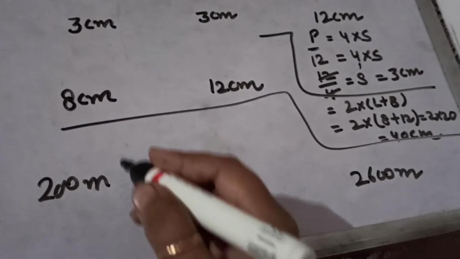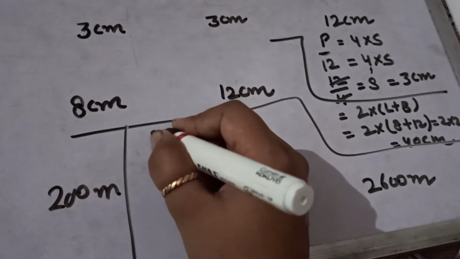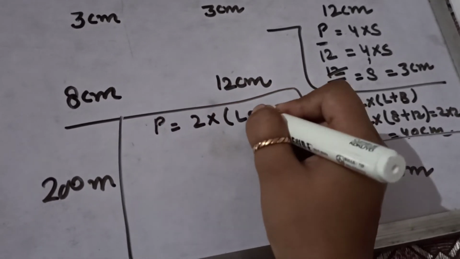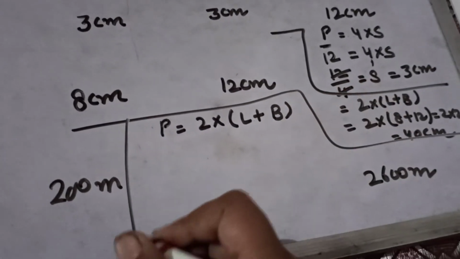So in this, how we will find? Perimeter formula is equals to 2 multiply length plus breadth. Right?